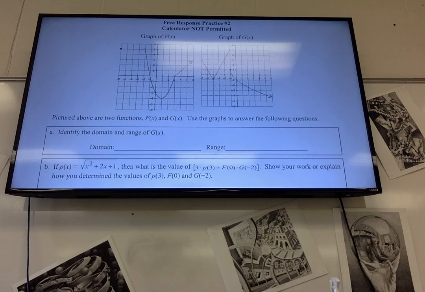Okay, so you already have what it looks like. On A, just make sure you read the directions. It says identify the domain and range of g of x. And this one is g of x. So go ahead and write down what you think the domain and range is.